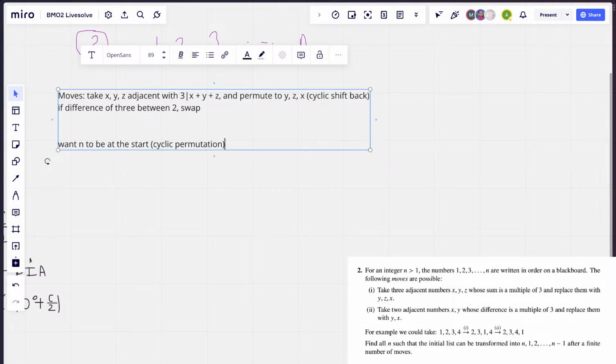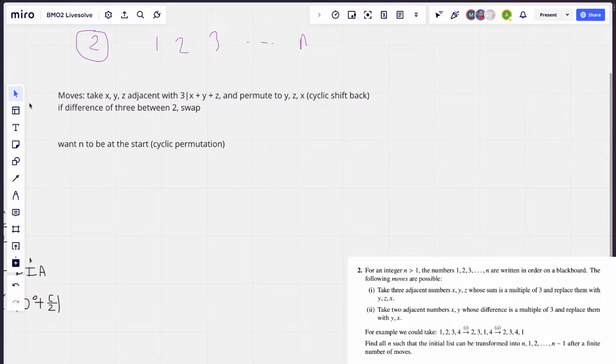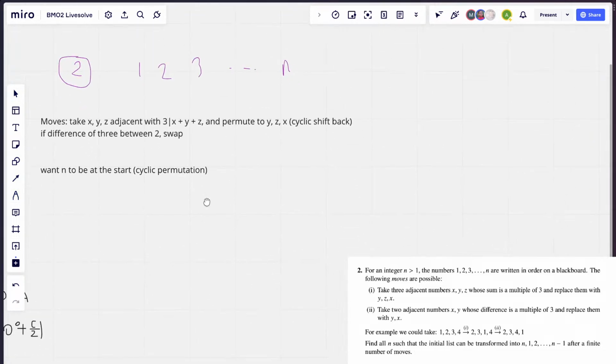With n equals 2, well, n equals 2 is just the case 1, 2, and then nothing happens, so it doesn't work for n equals 2, because we only have 2 moves.